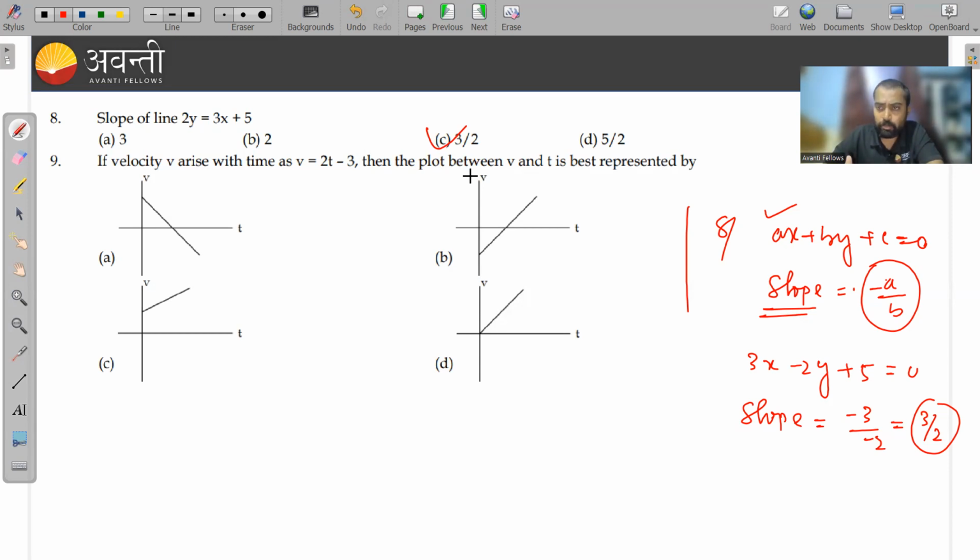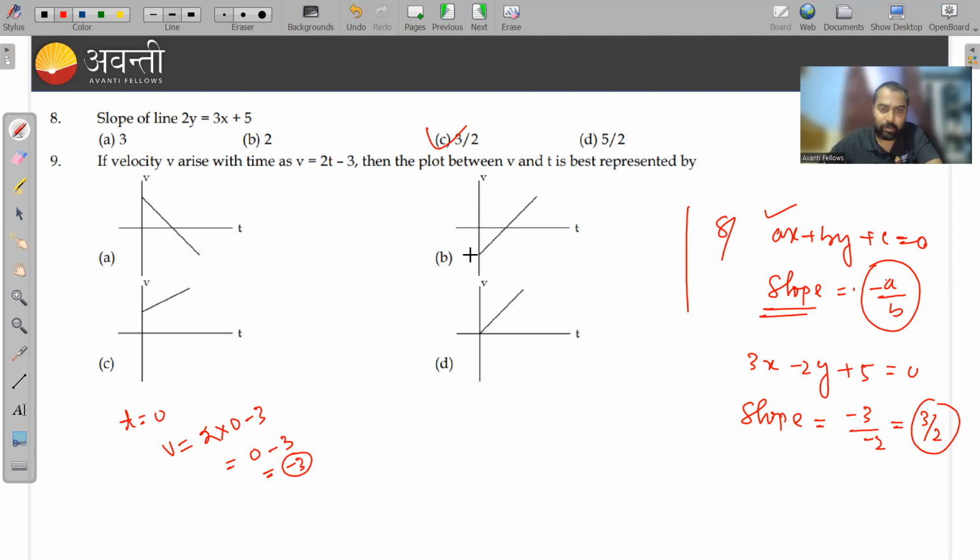Here we are taking v on the y-axis, and t on the x-axis. So if you put t is equal to 0, what do you get? v is equal to 2 into 0 minus 3, that is minus 3. So v is equal to minus 3.